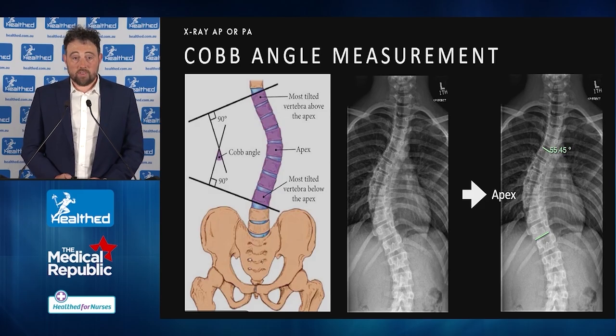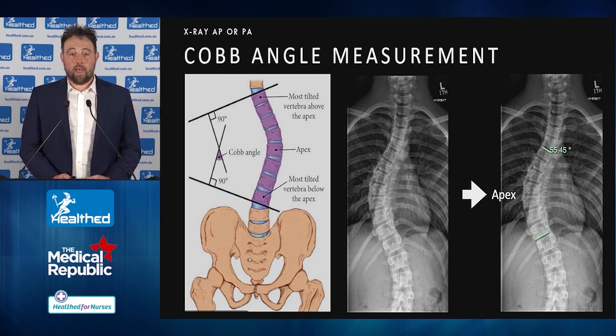What's very important with assessing scoliosis for our initial assessment, but also monitoring and prognosis, is the measurement of the Cobb angle. So on an X-ray, either AP or PA, the Cobb angle is measured by looking at the most tilted vertebra above the apex of the curve, the apex being the most displaced part, and the most tilted vertebra below the apex, and then the angle subtended by those.